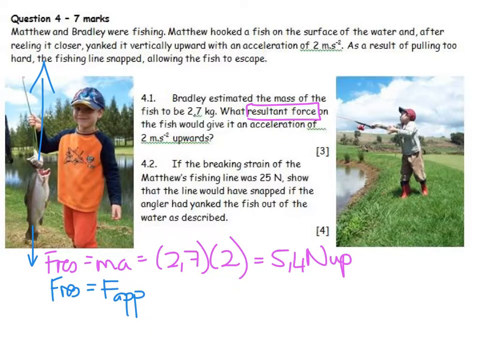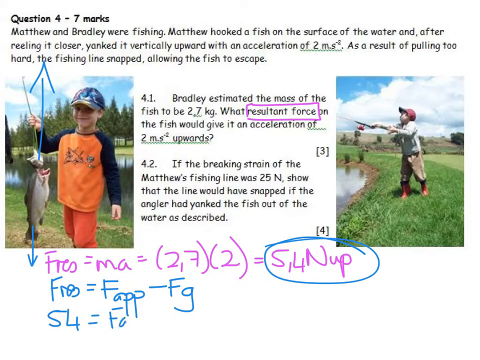So the resultant force is the yank minus the gravitational force. We know the force resultant, we've just calculated it, 5,4 is equal to the applied force minus the gravitational force, which is 2,7 times 9,8, and that is 26,46.